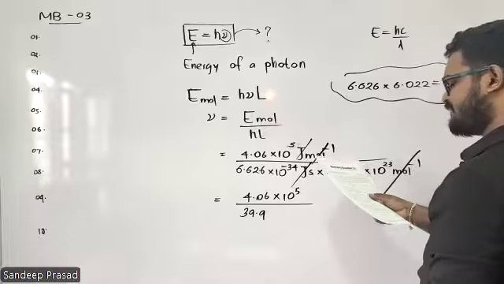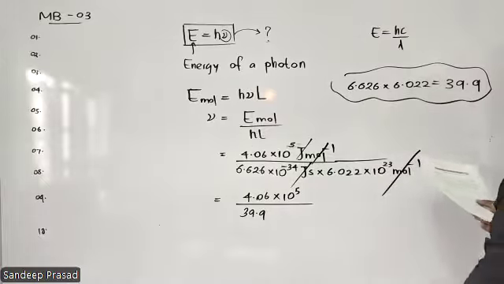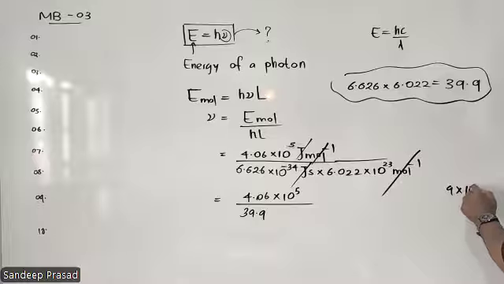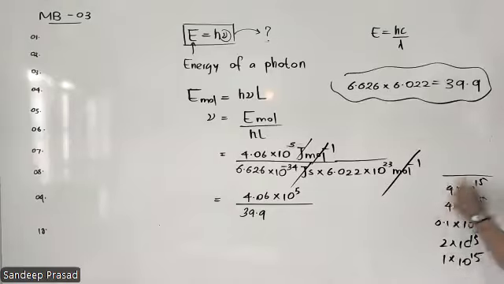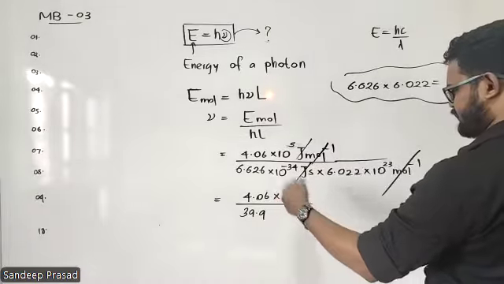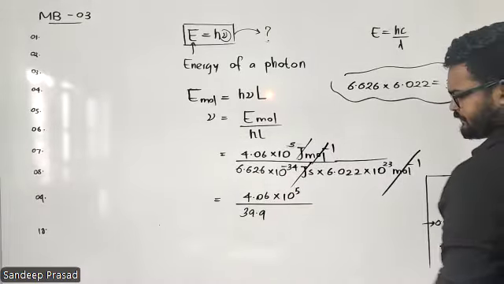Look at the values they have given. The answers are 9 × 10^15, 4 × 10^15, 0.1 × 10^15, 2 × 10^15, and 1 × 10^15. Except this one, the others are whole numbers, so nothing to worry. We can get the rounded values, approximate answers.